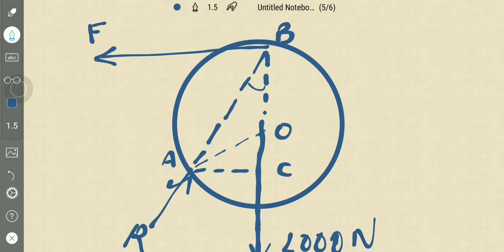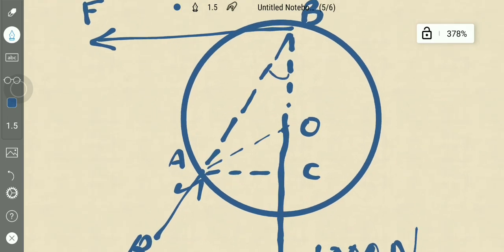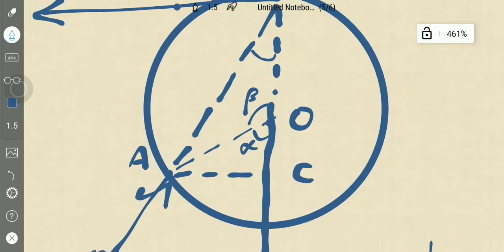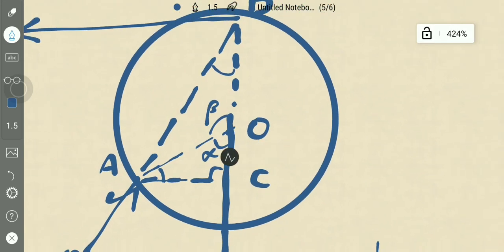In order to find that angle, suppose this is beta, this is alpha, this is 90 degrees, and what will be this angle? Let us see.